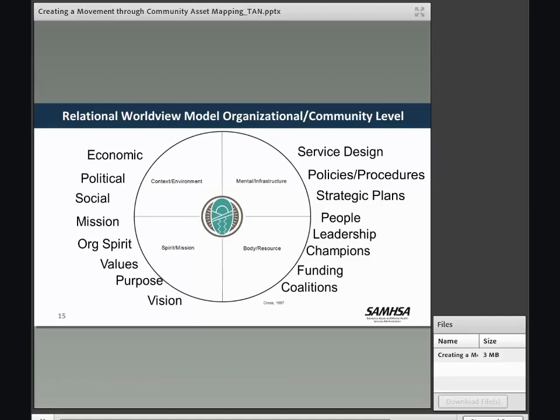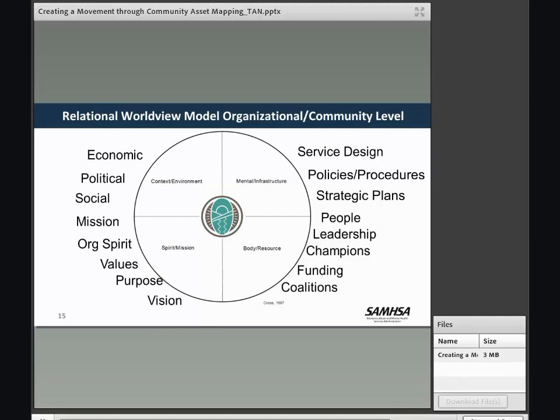And so in that environment quadrant, this is where we see the social environment of a community or organization, the political environment, the economic environment. For infrastructure, here's where you see your policies and procedures, your strategic plans, your service design. And then in the resources, you do have, of course, things like funding and those dollars, but we really like to think of this here as people.